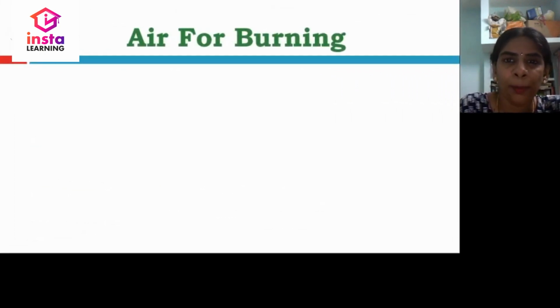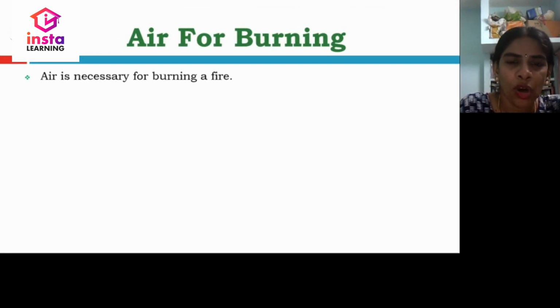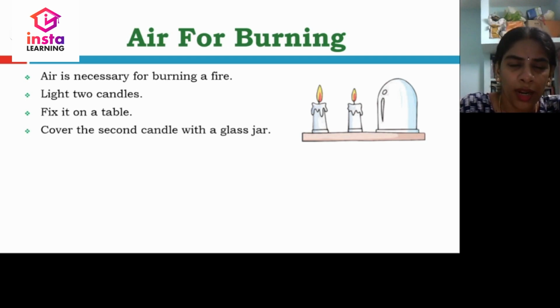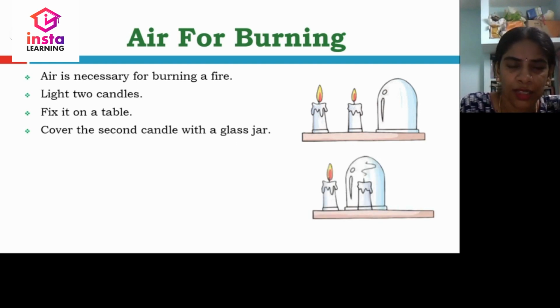Air for burning. Air is necessary for burning a fire. Let us see how. Light 2 candles. Fix them on a table. Cover the second candle with a glass jar.